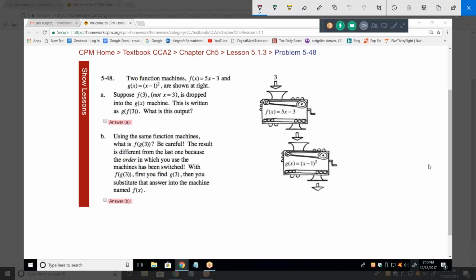Look at this function only. Tell me what f of 4 would be. 17. Okay. What would f of x squared be? 25x squared minus 3.